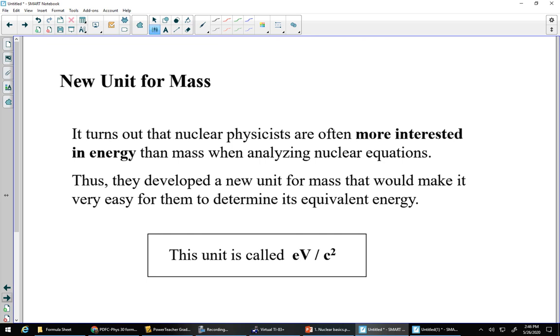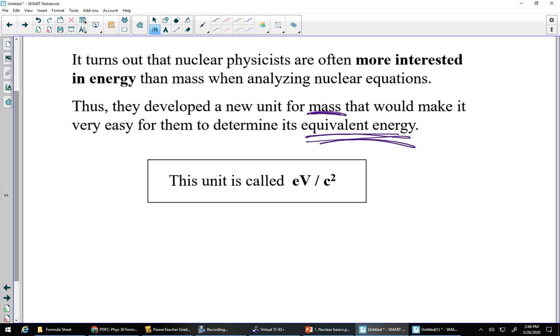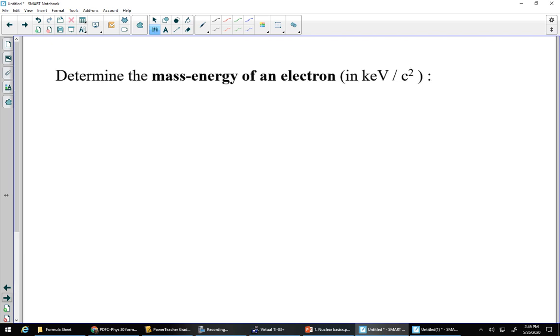So they developed a new unit for mass that talks about it in terms of its equivalent energy. The unit is electron volts per speed of light squared, or eV per c squared. It's definitely kind of a weird one. Let's have a look at how it works.